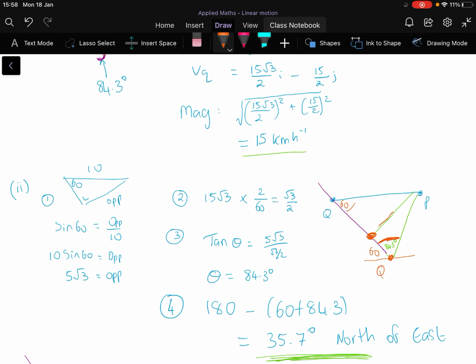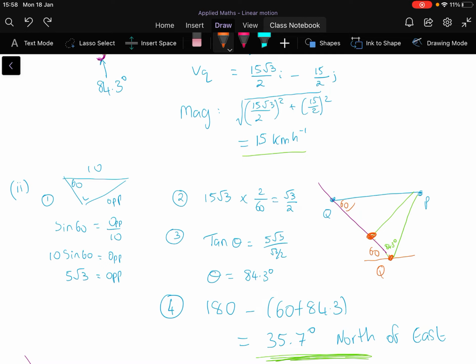The third thing I'm going to do then is I'm going to find this inner angle here. Now that I have this line here and I have this line here, I'm going to just use my sine, cos and tan from when I was doing junior cert, and I'm going to go tan of my angle equals the opposite over the adjacent. And again, I found both of those sides earlier. From there then I'm going to go tan inverse and I'm getting 84.3 degrees.